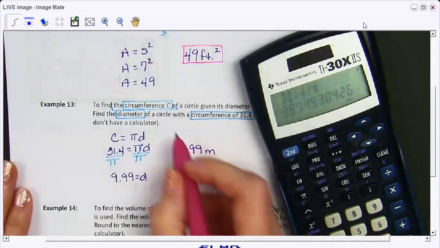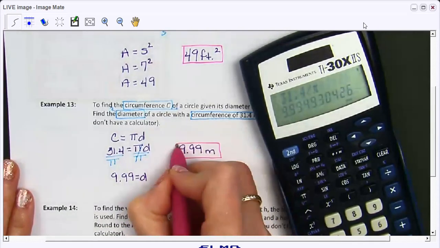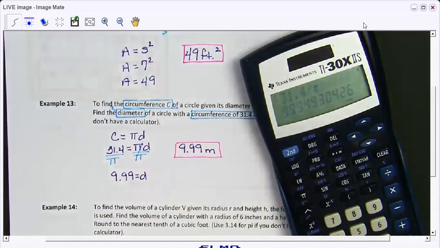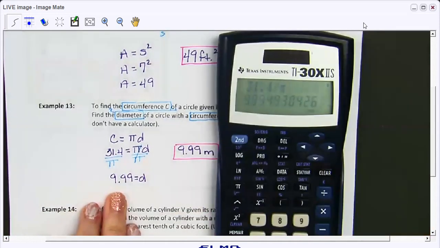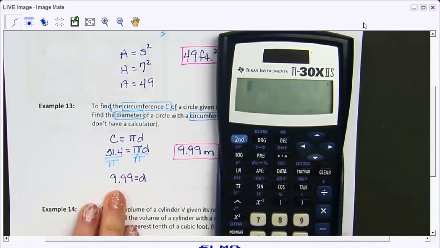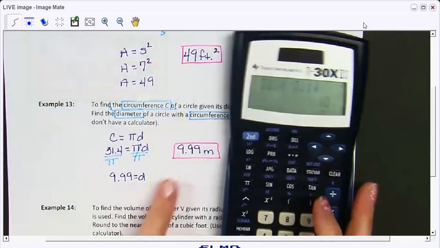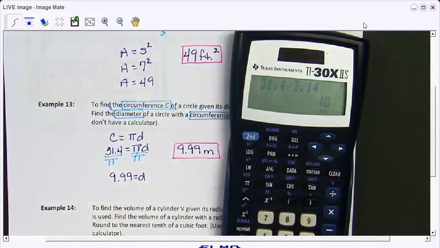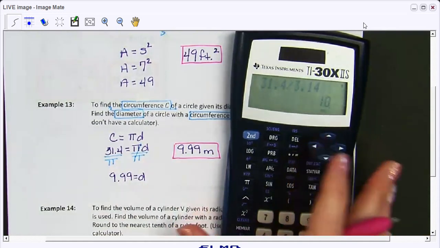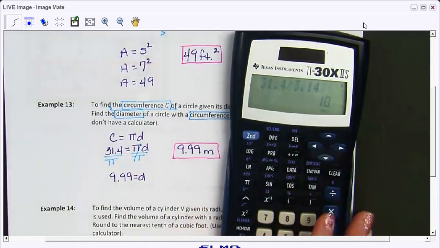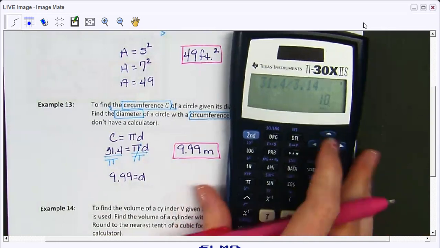Does anyone need help calculating that out? Let's just see how close we would have been if we had taken 31.4 divided by 3.14. 10. So yeah, if we had rounded up, it would have been 10. So very close. It's just that using the actual pi symbol gives you more accuracy.